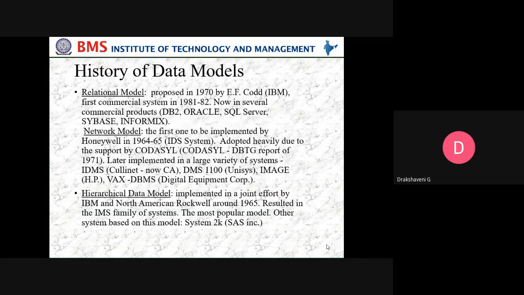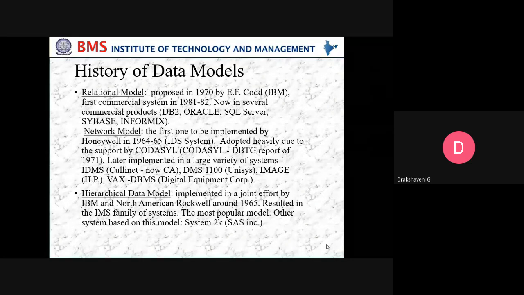Then the history of data models. The relational model was proposed in 1970 by E.F. Codd of IBM, with the first commercial system in 1981-82. Now several commercial products, such as DB2, Oracle, and SQL Server, were first developed by different companies based on the concept of the relational model.